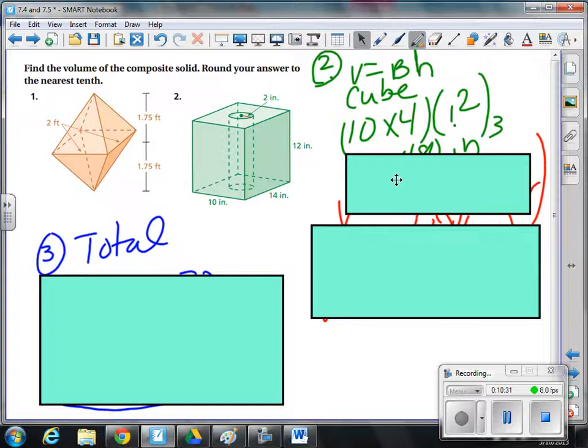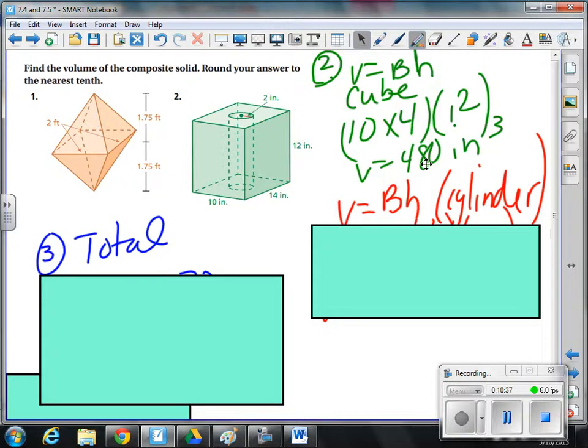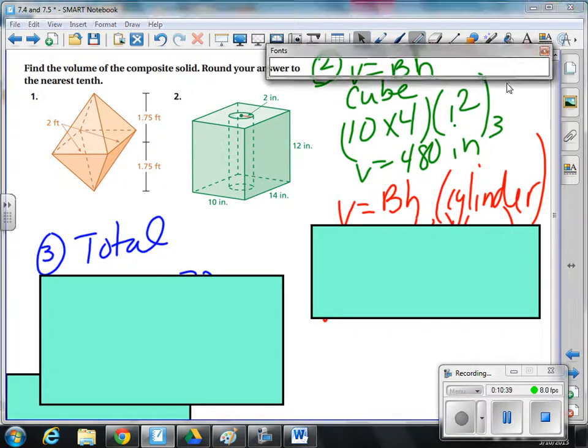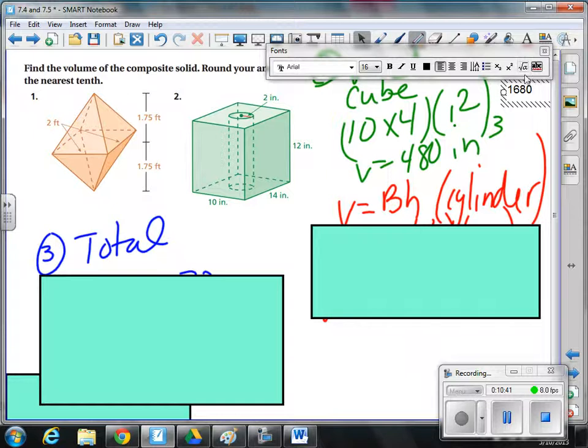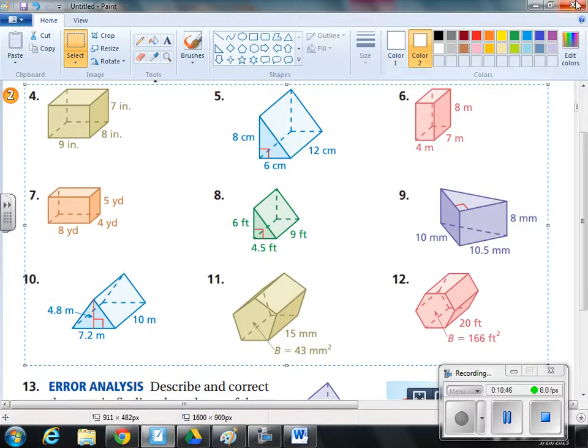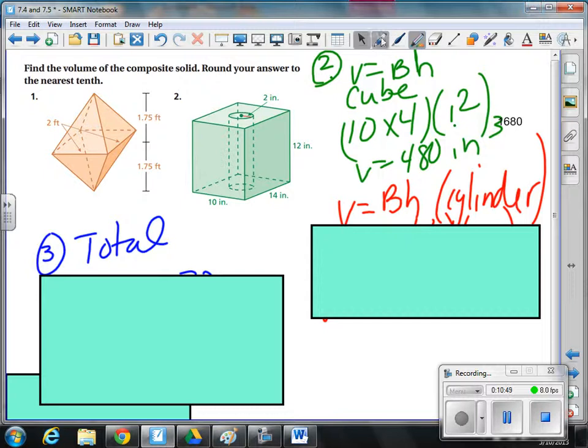Times 12, we should get 1,680. So this solution written here is wrong. We're going to use 1,680. Let me just cross this out here.